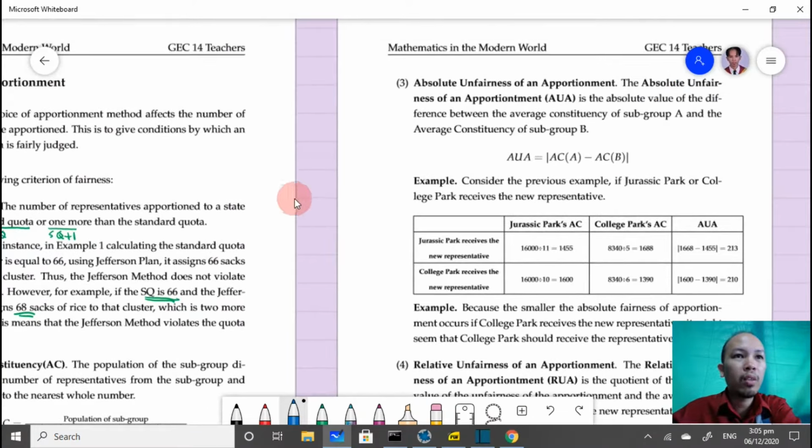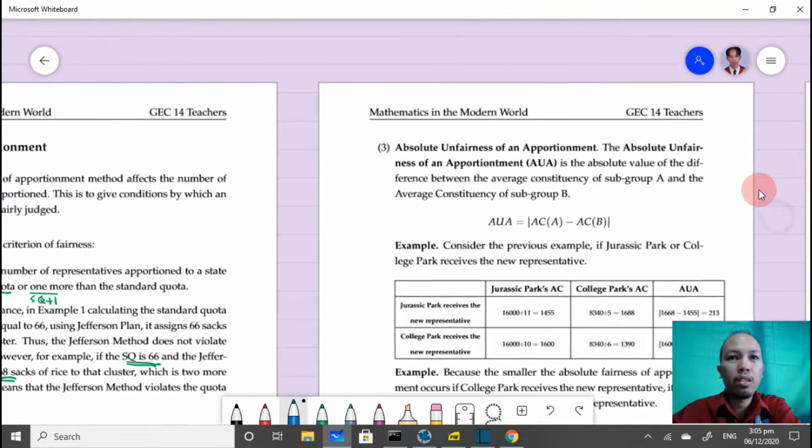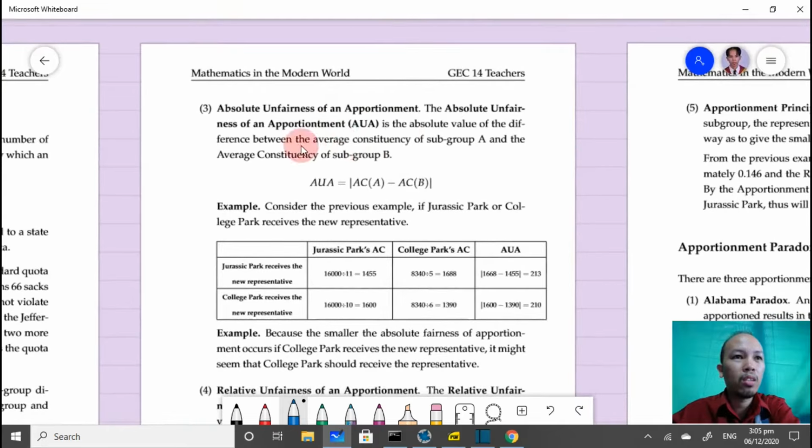Another criterion that we are going to use is the absolute unfairness of apportionment. So how are you going to use this criterion? Suppose that one representative will be added to one of the parks, either Jurassic Park or College Park.